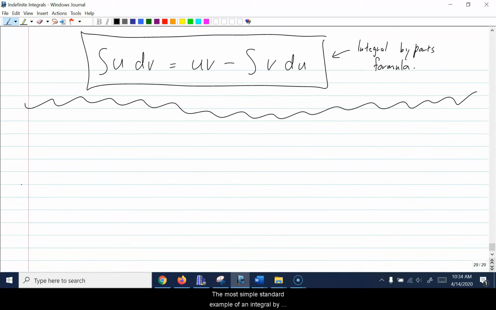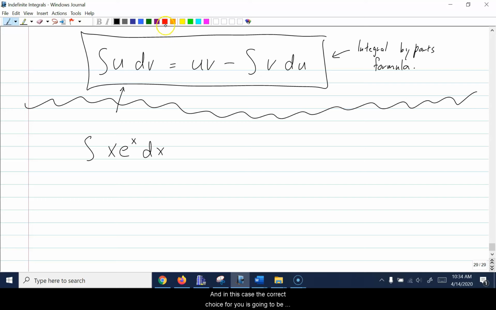The most simple standard example of an integral by parts, if I wanted to integrate x e to the x dx. How do we do an integral by parts? Our problem needs to be read as u dv.